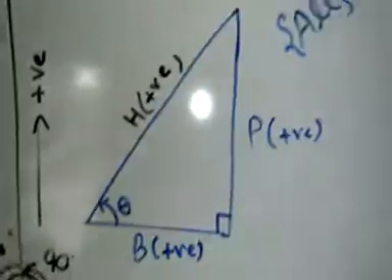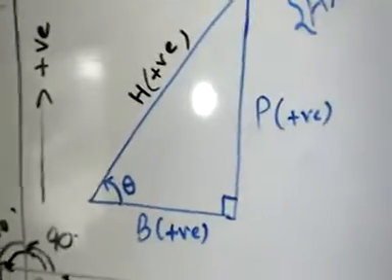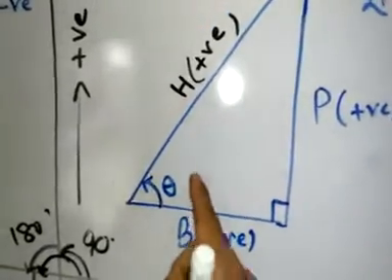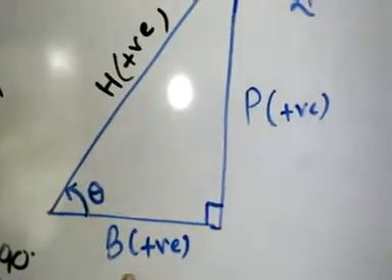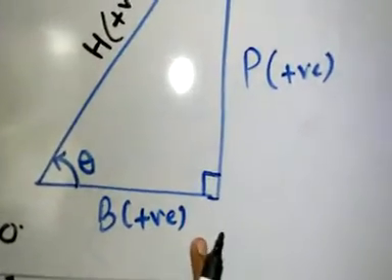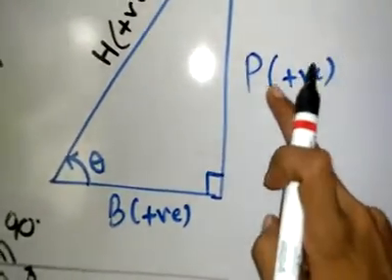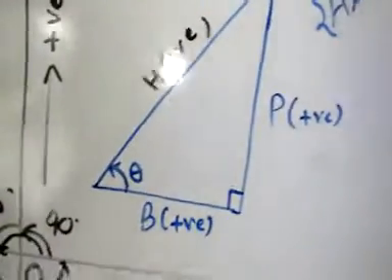In the first quadrant, when we draw a triangle and the angle theta is here, we have the positive x-axis and positive y-axis. We take base as positive, perpendicular as positive, and hypotenuse is already positive.